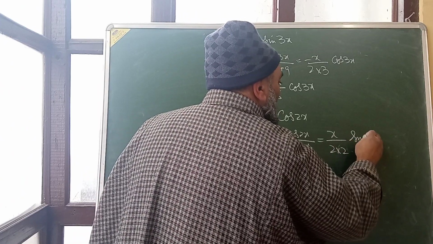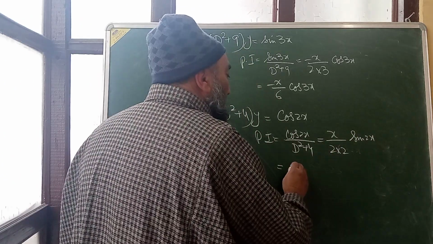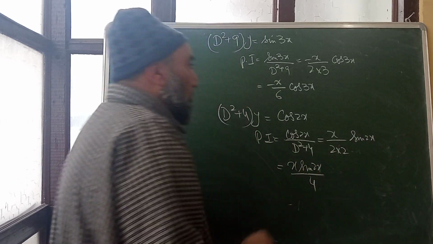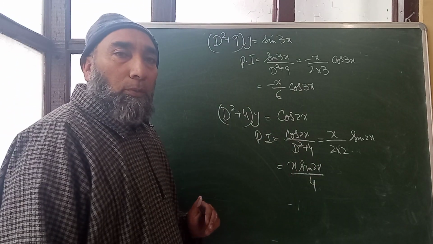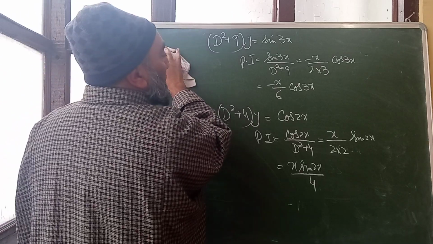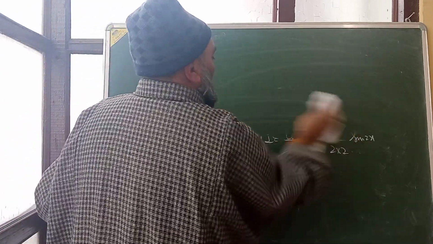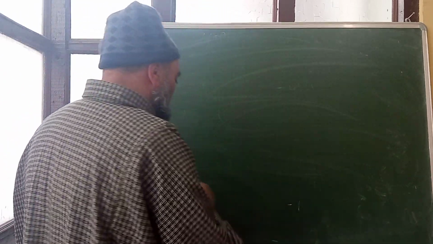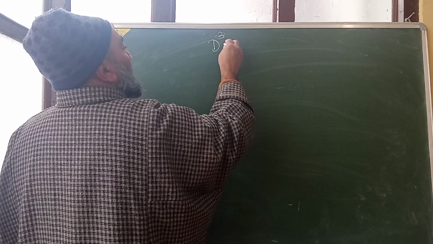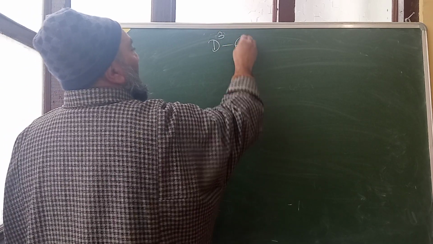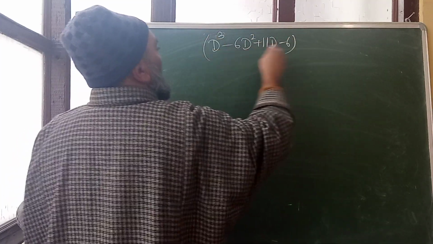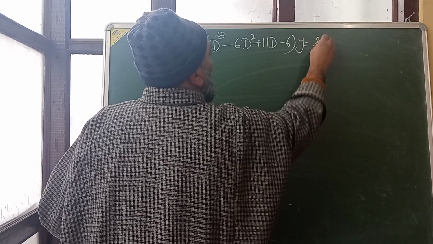So particular integral is x sine 2x by 4. The general solution is complementary function plus particular integral. Let me take one more question. D cube minus 6D square plus 11D minus 6 operating on y is sine x.